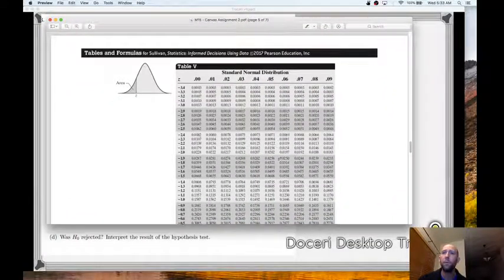And when we scan through it, we find right here, we have a 0.0250, so that's exactly the value we're looking for. And we have it at a negative 1.9. Then we go up here to get the 6, so negative 1.96 represents the critical value here.